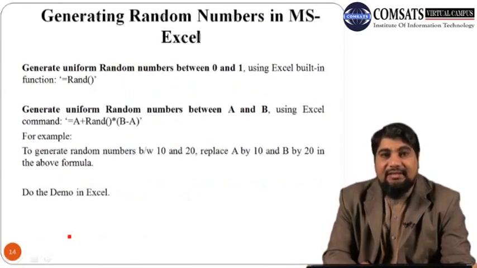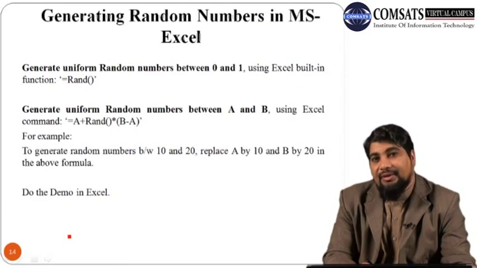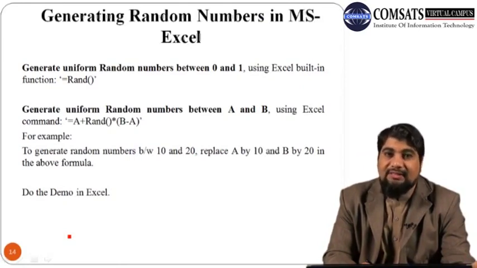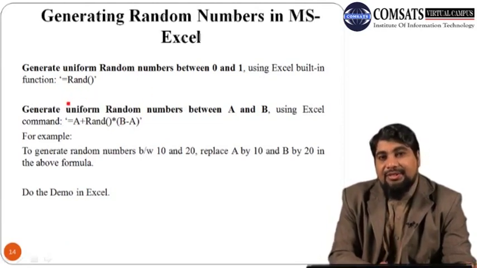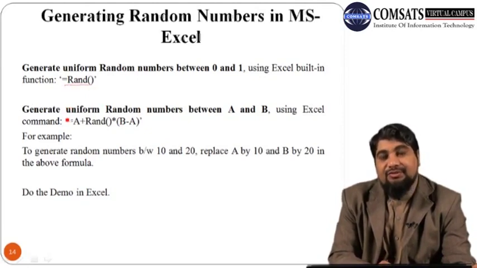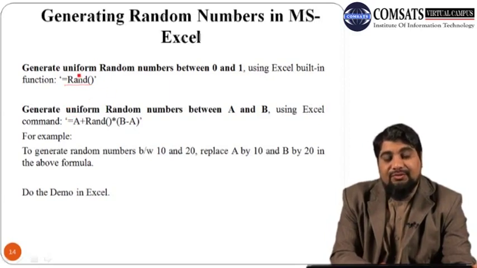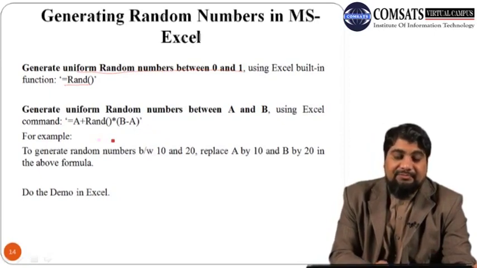Let us discuss how we can generate random numbers in the MS Excel spreadsheet program. There is a built-in function in MS Excel called the RAND function, which is used to generate uniform random numbers between 0 and 1.